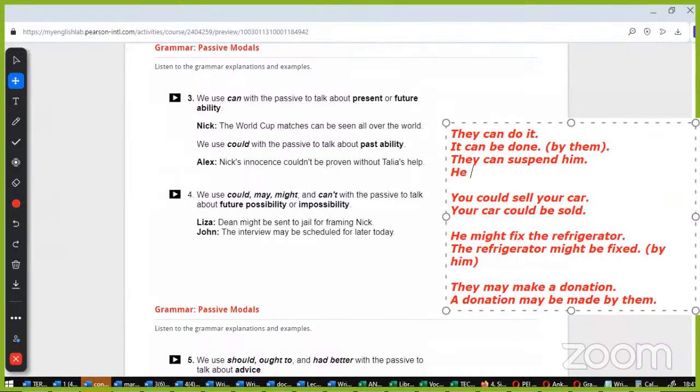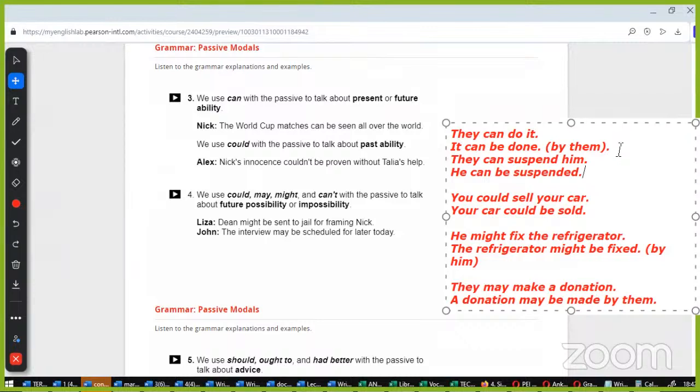He can be suspended. Great. Yeah, I have a question, mister. Yes. In this case, he can be suspended. Well, the sentence in active voice is they can suspend him, in present or future.